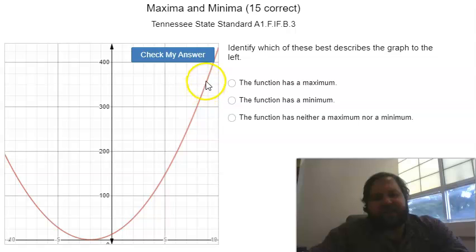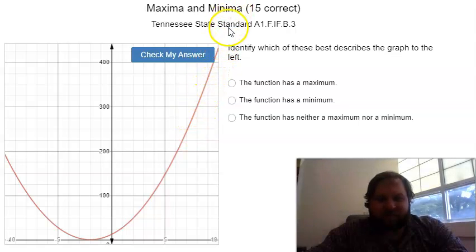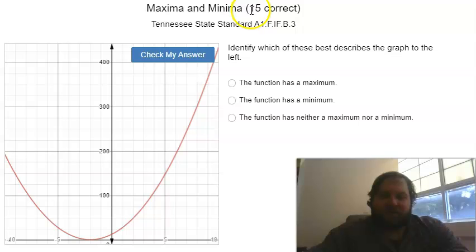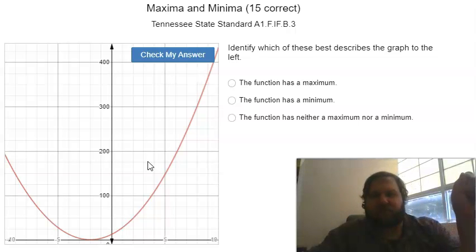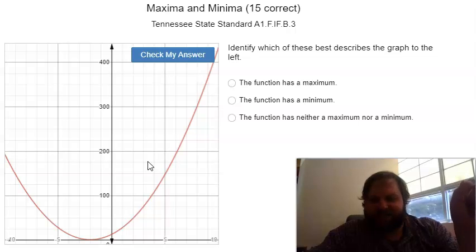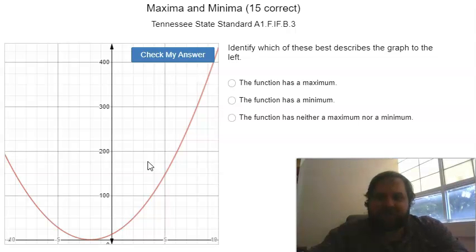Likewise, over here on this side, it's going upward and it will continue going upward forever off the screen. So on both sides this function will continue upward forever, which means there's no highest point, because any point on that graph that I pick, there's always going to be some other point higher up, even if we can't see it on the graph that we're presented.